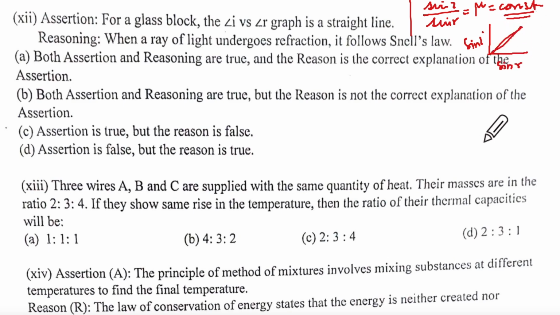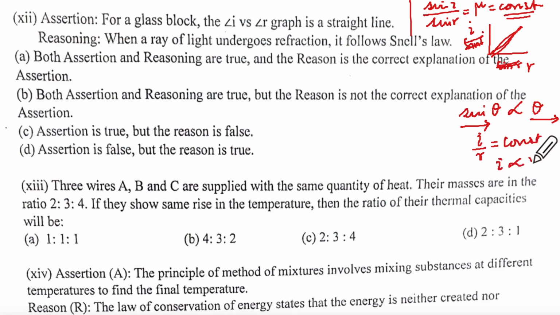Agreed? Now remember that sine of theta is proportional to theta. If theta increases, sine also increases. Which means I upon R is also constant. So if I take not sin I but I, and only R, that also should give me a straight line graph, because they are directly proportional.